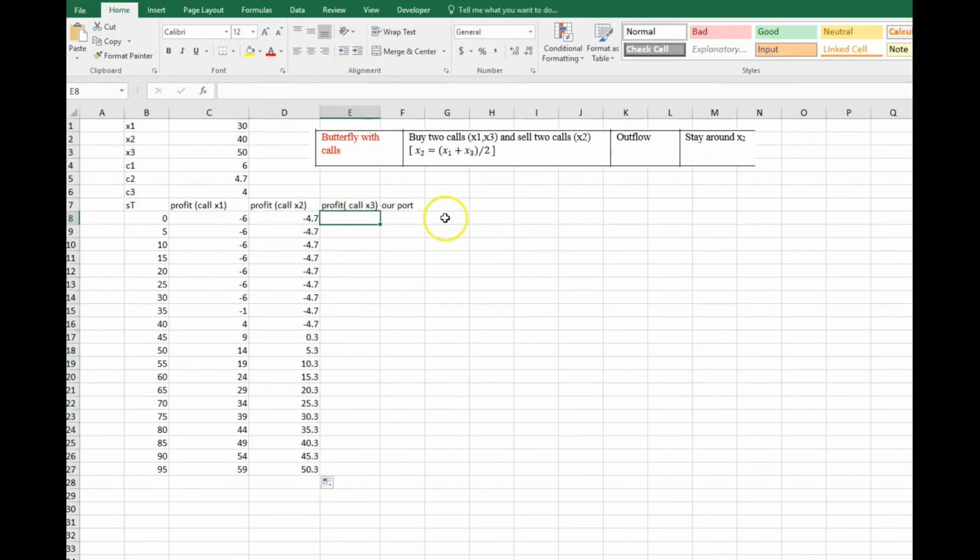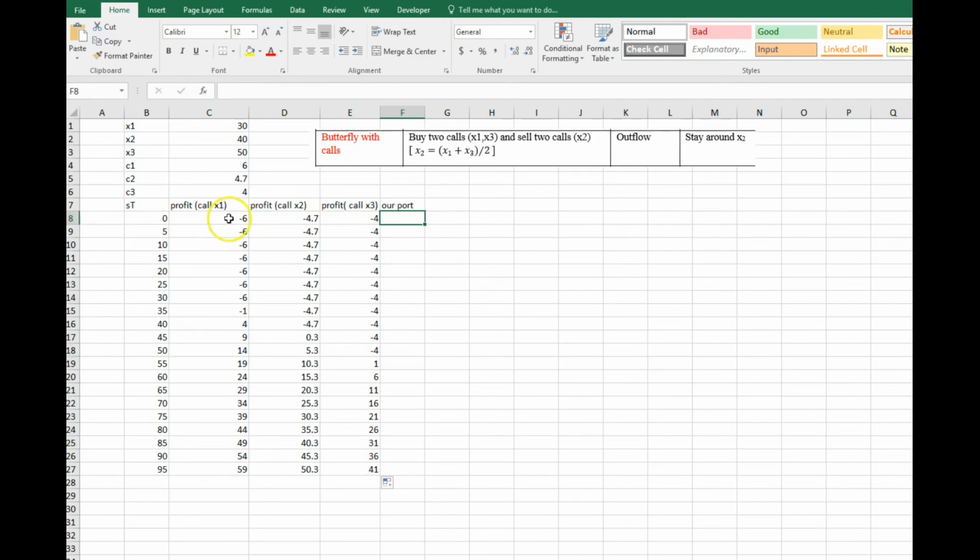So this is the third call. Max terminal stock price minus exercise price X3. Hit F4, 0, close it, minus C3. We hit F4 again. So this is the profit or loss for our portfolio.